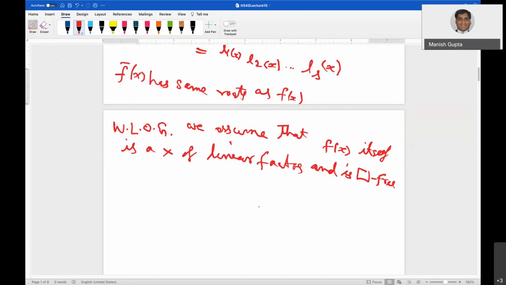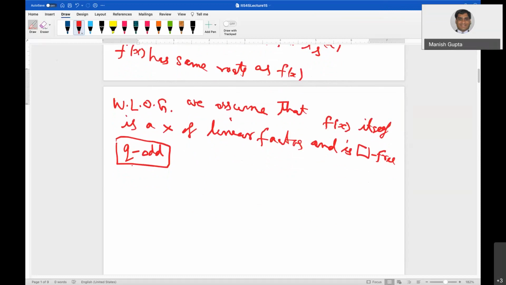So now, first, I am assuming that q is odd. In that case, I'll just give you the first description, then I will write down the algorithm.